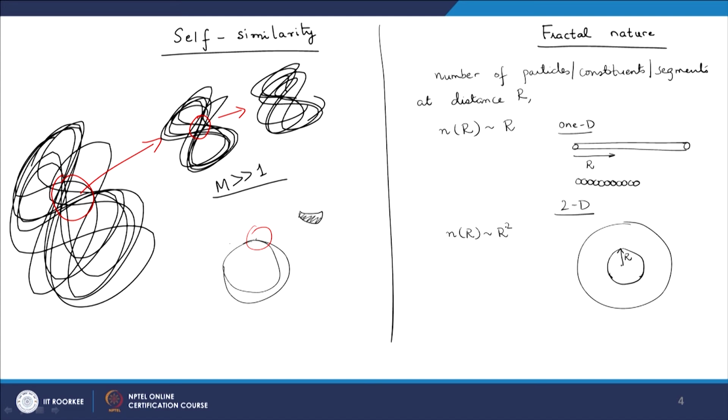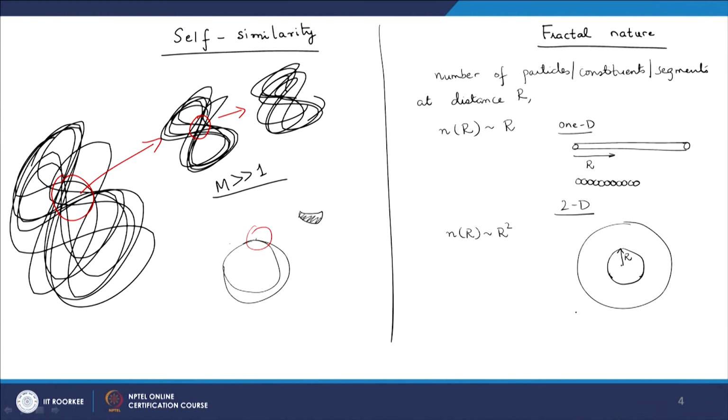Another way to think about it is, in the one-dimensional case, I can think of a line density, and if I multiply the line density with the length, we get the number of segments or units. In the case of 2D, we can think of a surface density, and we multiply the surface density with the area to get the number of units or particles.